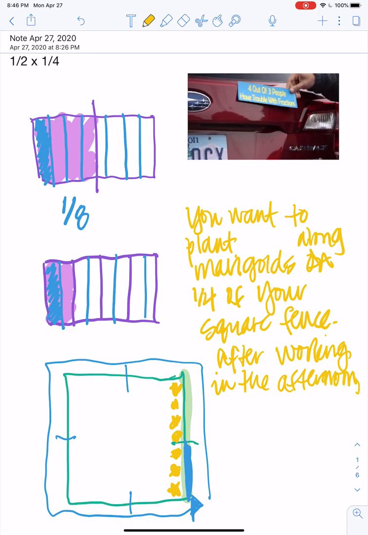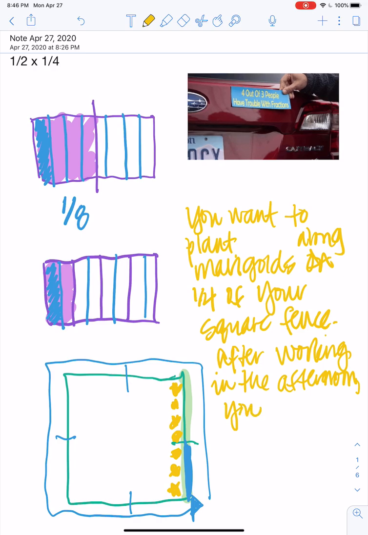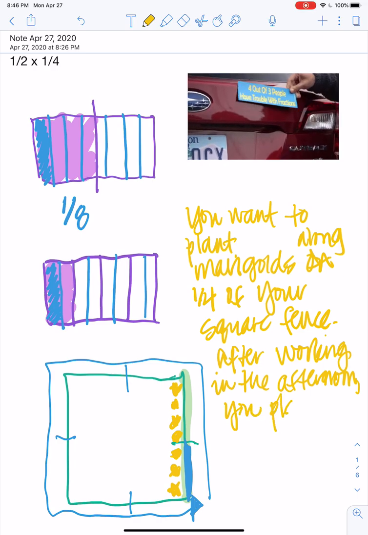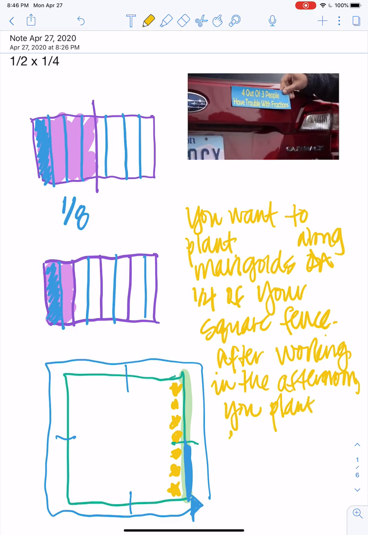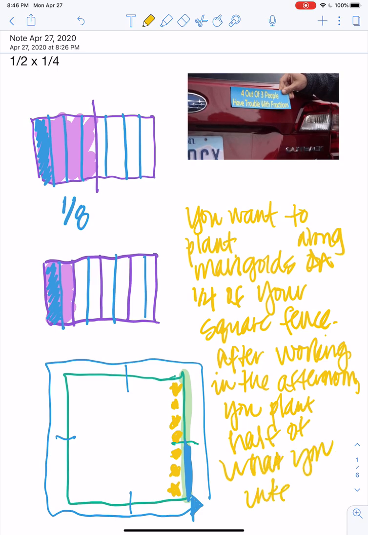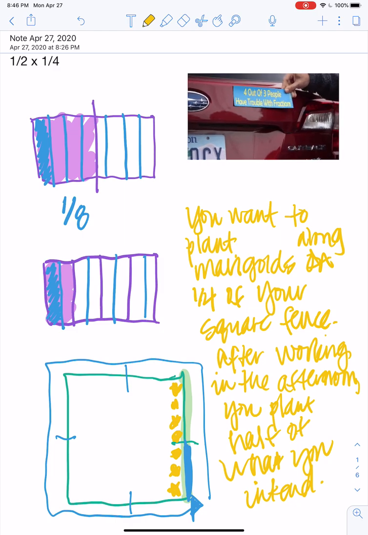After working in the afternoon, you plant half of what you intend.